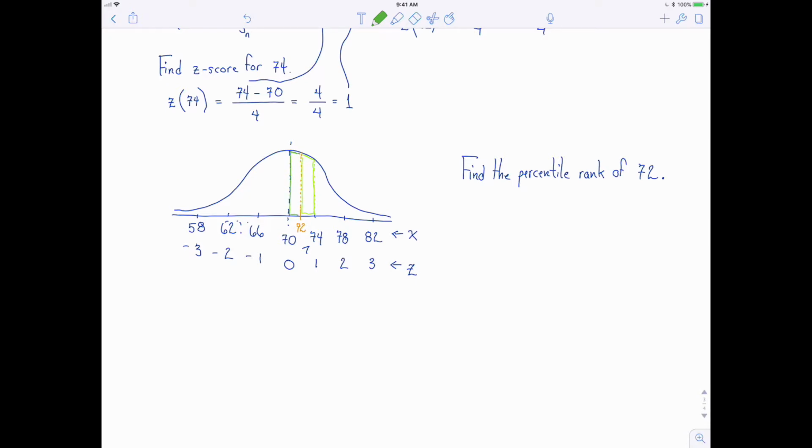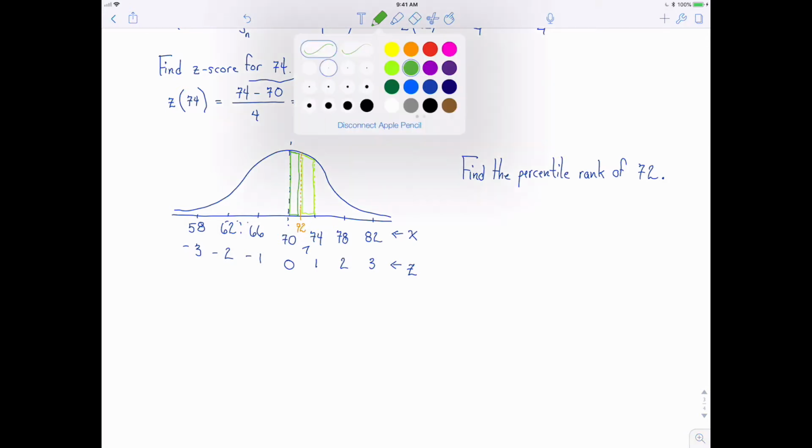So that little orange line, even though it divides between 70 and 74, doesn't evenly divide the area. Because of that, what we need to do is find the z-score for 72. Then we can use the tables like we did in our previous video.